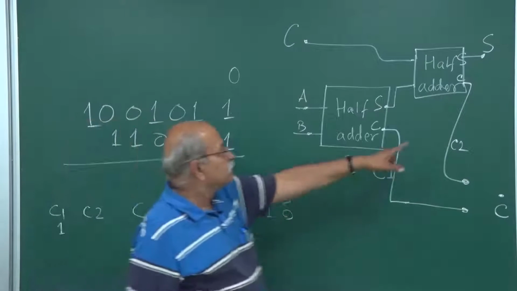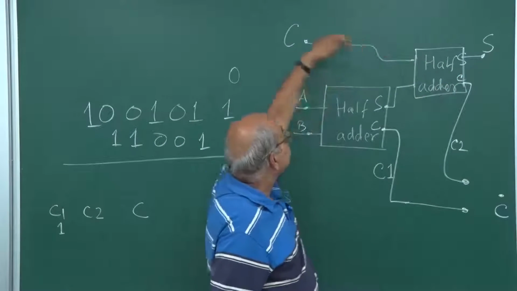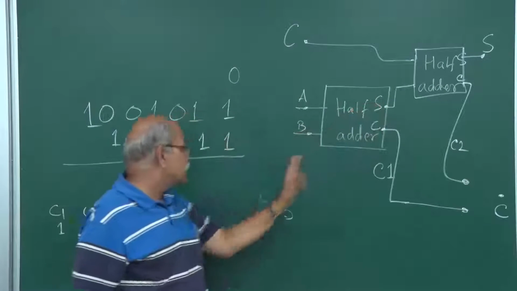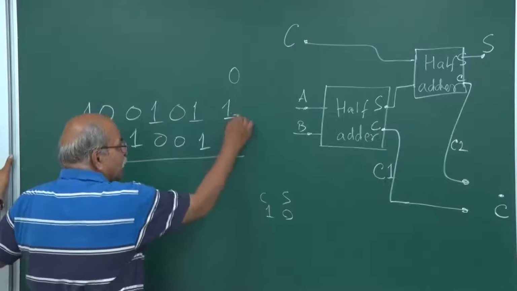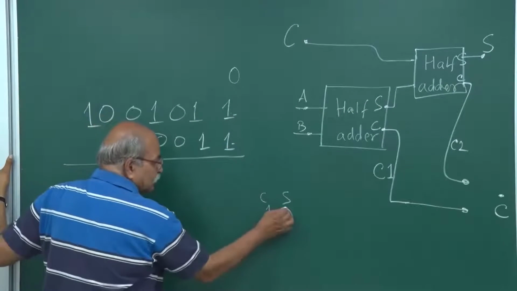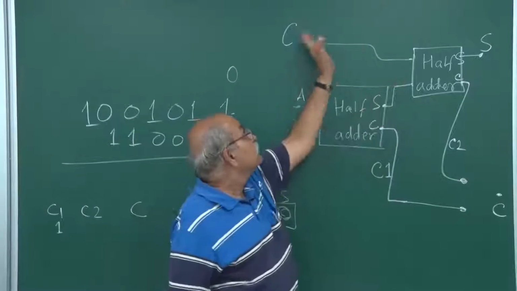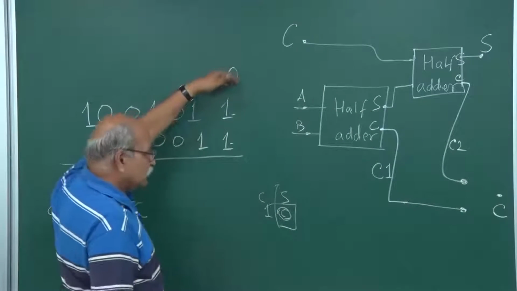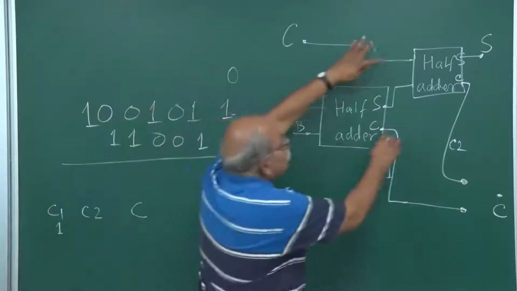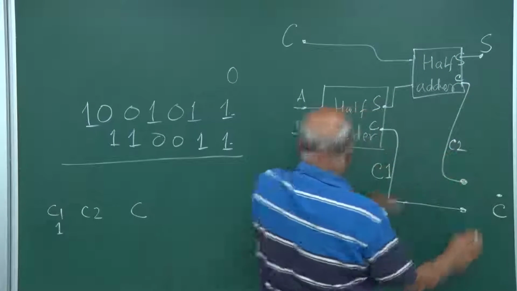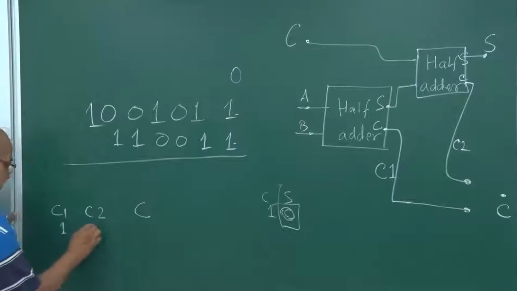When I am adding this carry and this sum, what is the sum here? The sum is 0. And this sum 0 is to be half added to this carry, which is 0. So 0 and 0 are going here, and therefore the carry will be 0. So C2 is 0.